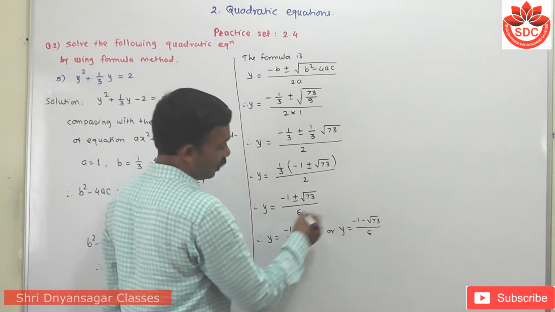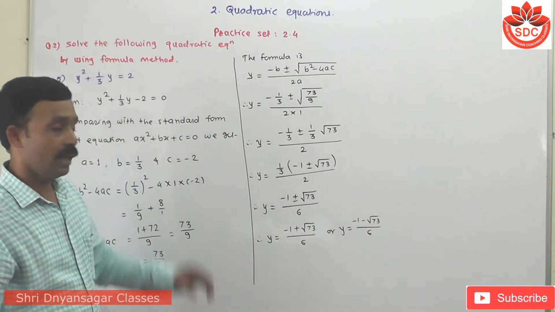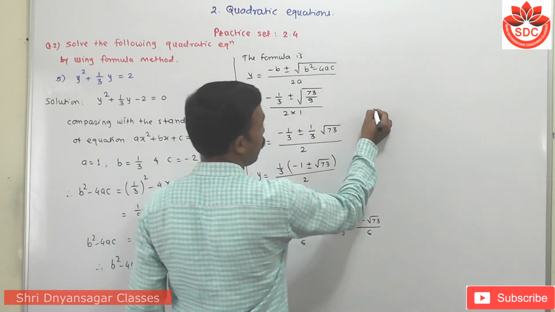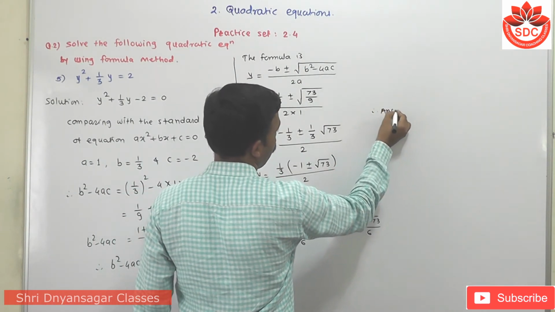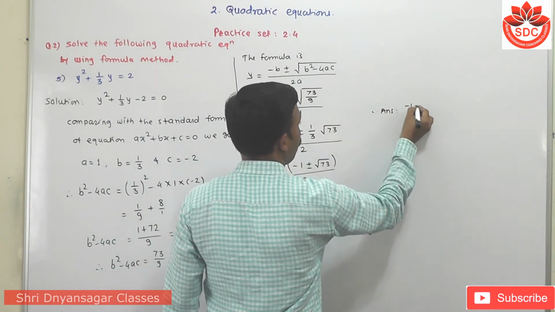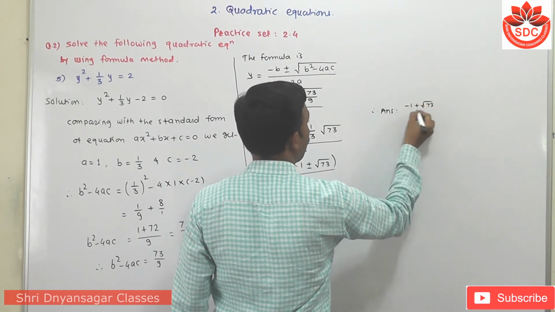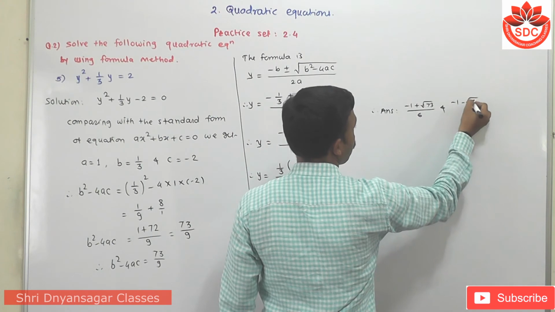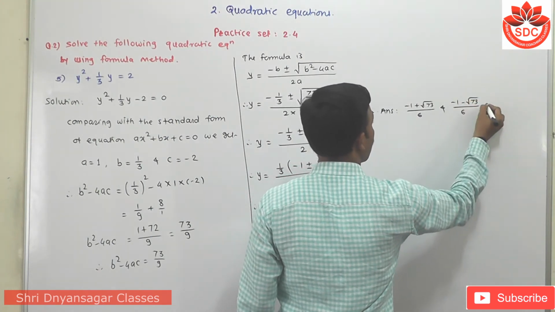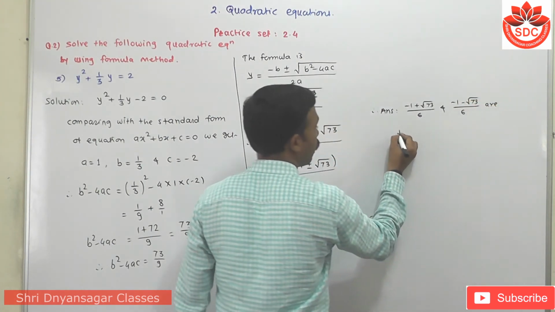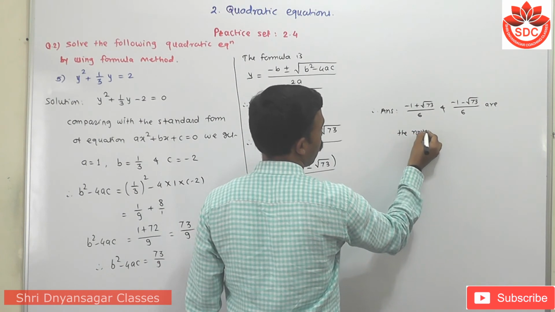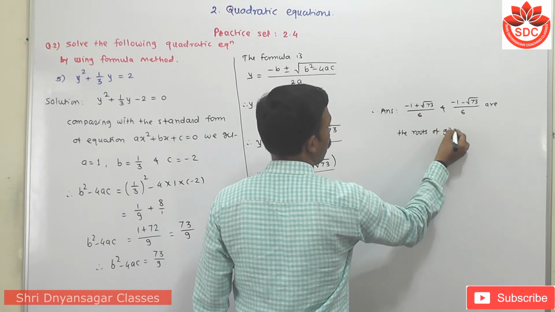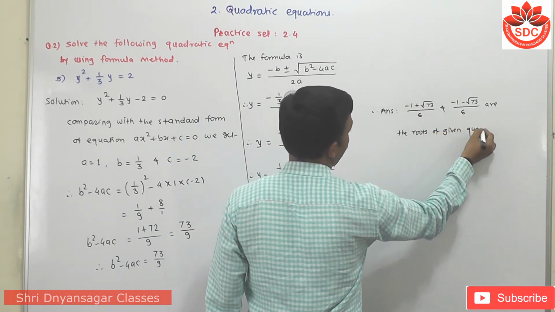Then this is the solution of the given quadratic equation. So write the answer in full sentence. Therefore, answer: minus 1 plus root of 73 upon 6 and minus 1 minus root of 73 upon 6 are the roots of given quadratic equation.